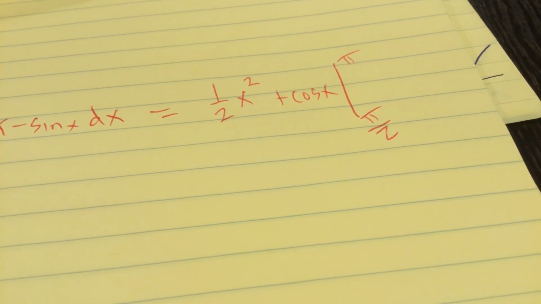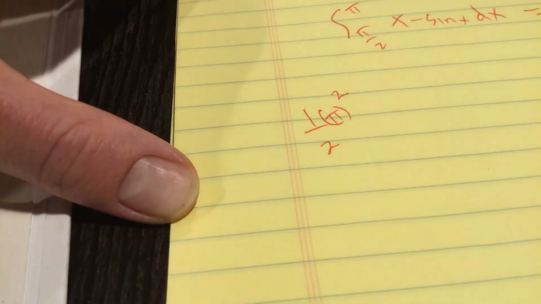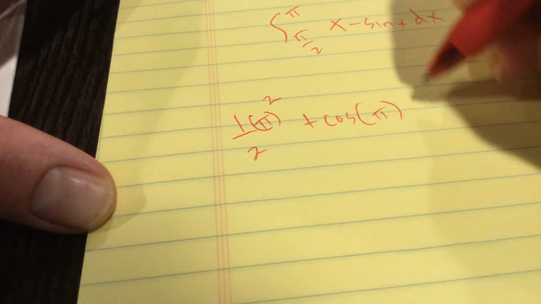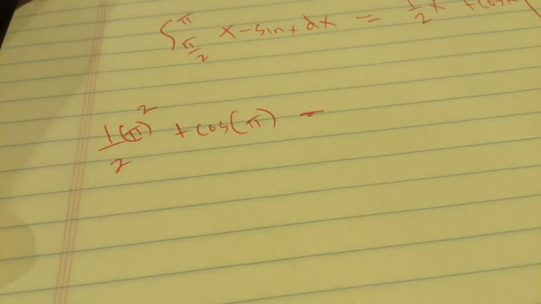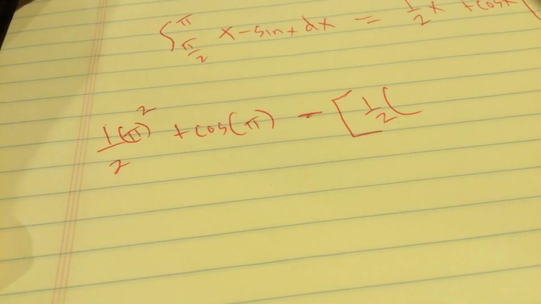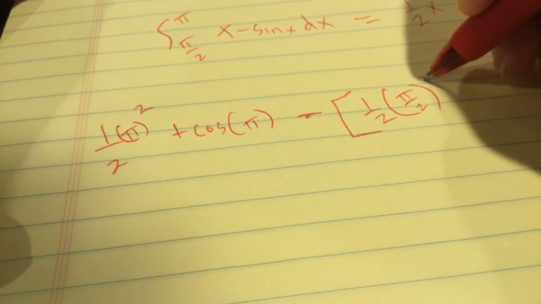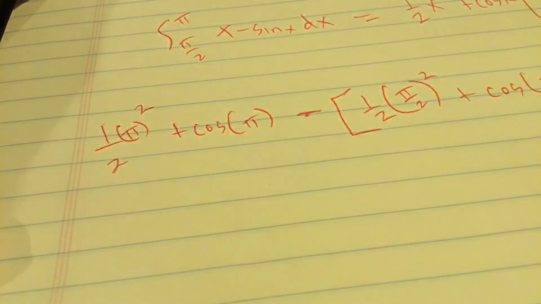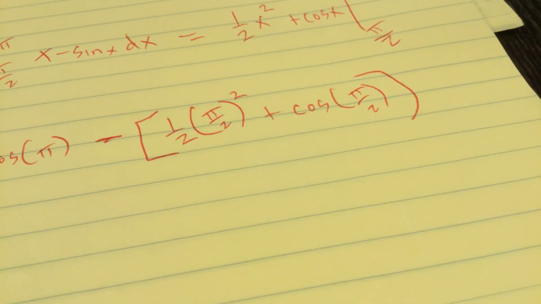Now this is going to look weird, but it's simply going to be 1/2 pi squared plus cosine pi, minus 1/2. What am I plugging in for x now? I'm plugging in pi over 2 squared plus cosine of pi over 2. There we go. Cosine of pi is -1.